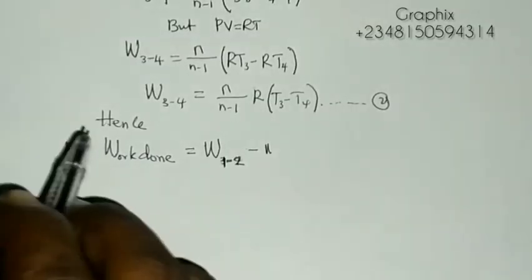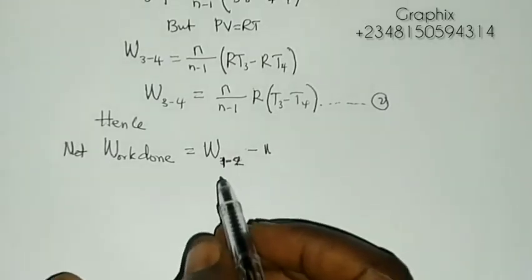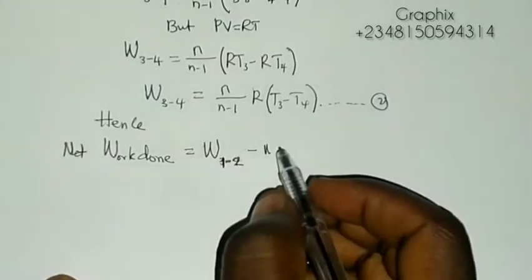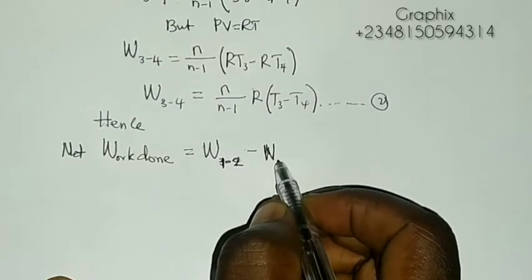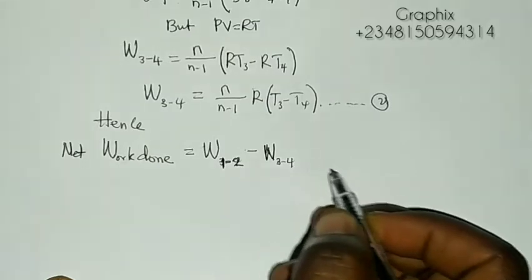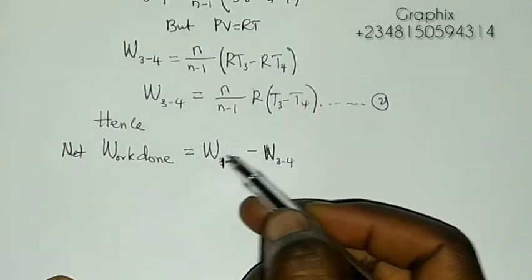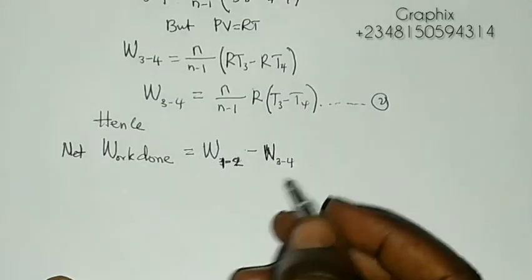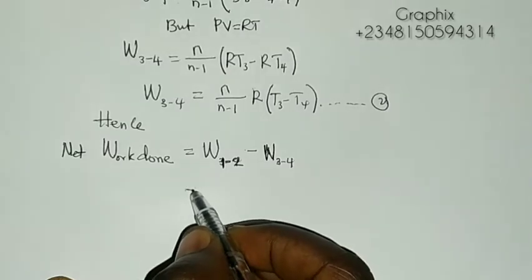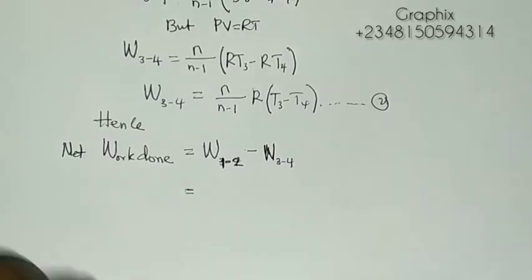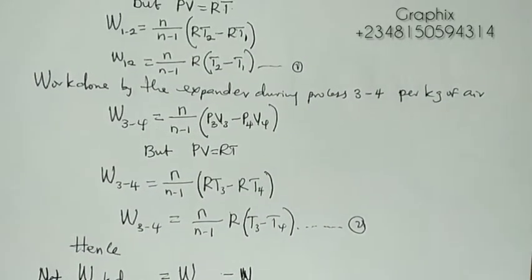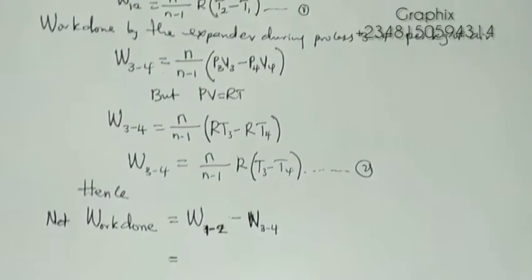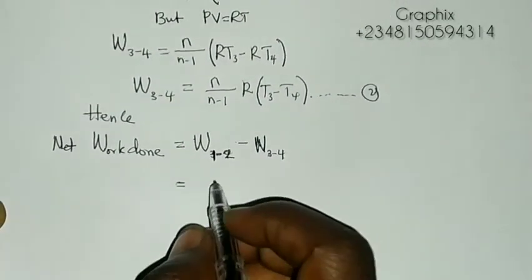so the net work done will be the work done by the compressor minus the work done by the expander, right? And what is the work done by the compressor? The work done by the compressor is given as n over n minus 1 into brackets RT2 minus RT1.